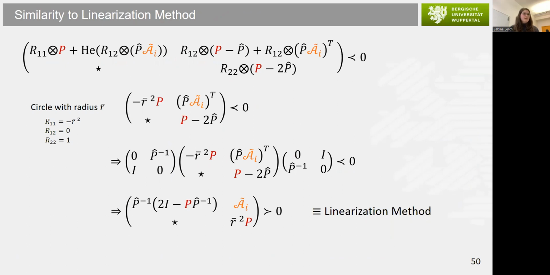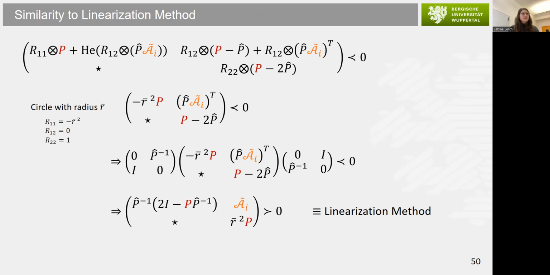With the linearization method, we were able to place eigenvalues inside a concentric circle. So for the new DR region method, we need this parameter setting, and this leads then to this inequality if we substitute those parameters here. And then by a simple congruence transformation, we can restore this LMI, which is exactly the linearization method.